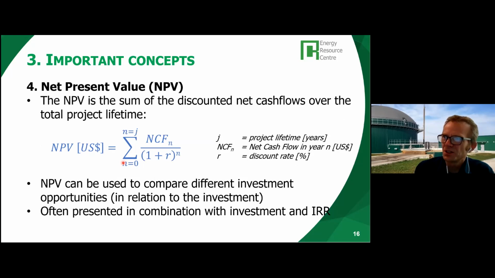Net present value is one of the financial indicators that is very important in financial assessments. It's basically the sum of all the discounted net cash flows over the lifetime of a project.